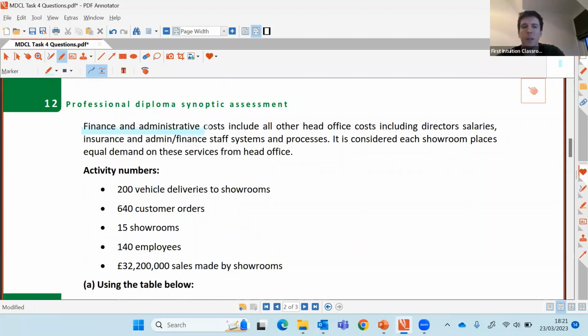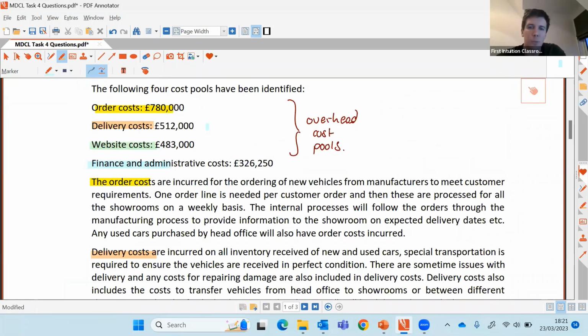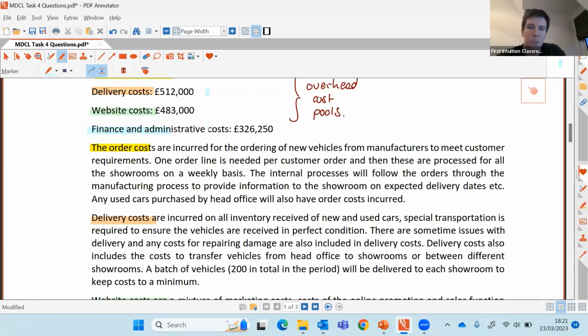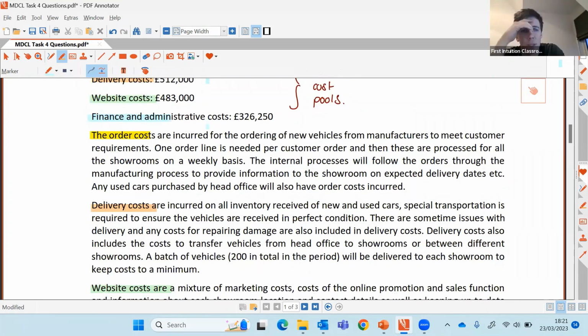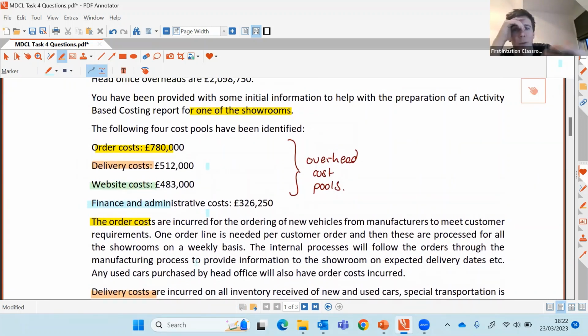And the reason this is useful is that at the moment we've just got an overhead. What we need to be able to do is work out effectively the cost that's absorbed by the showrooms. They've just given you the cost pools, and what we've got to do is work out which costs, which overheads are attributable to this particular showroom.